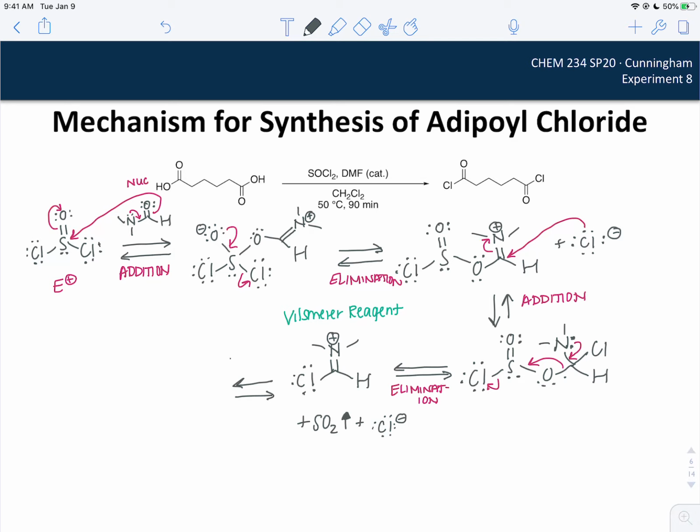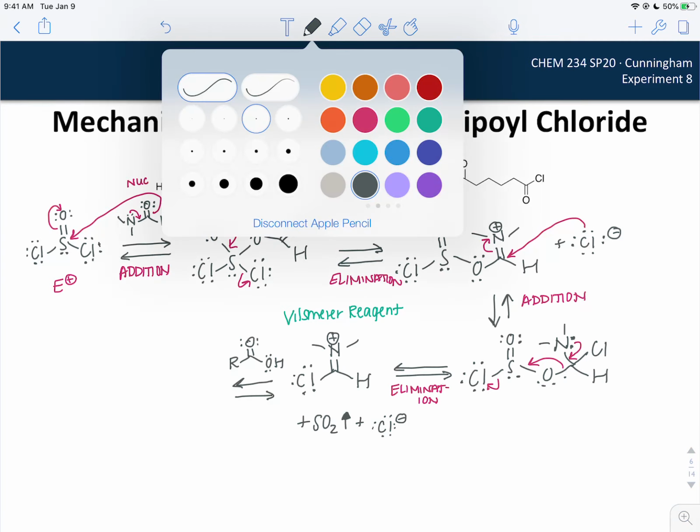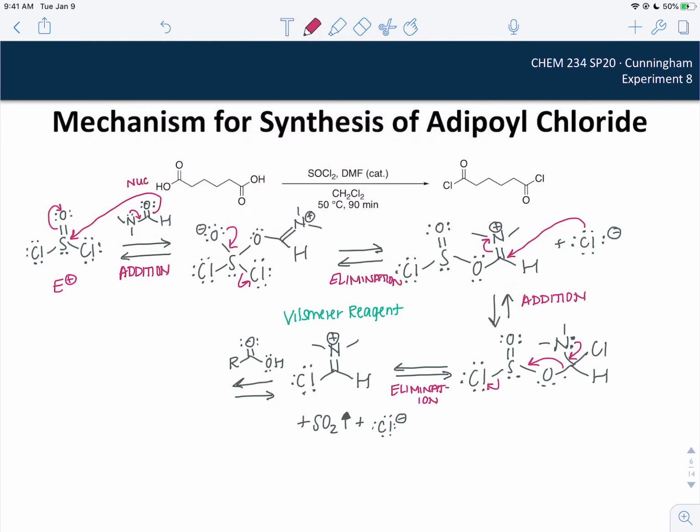Now I'm going to abbreviate the structure of our carboxylic acid for the sake of space and for the sake of time. But again, we want to consider what atom is going to be our most electrophilic and what atom is going to be our most nucleophilic.